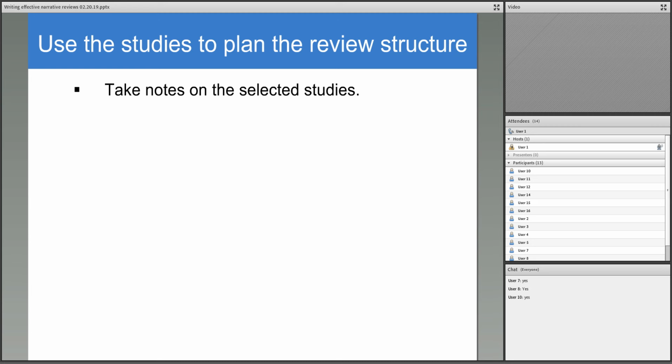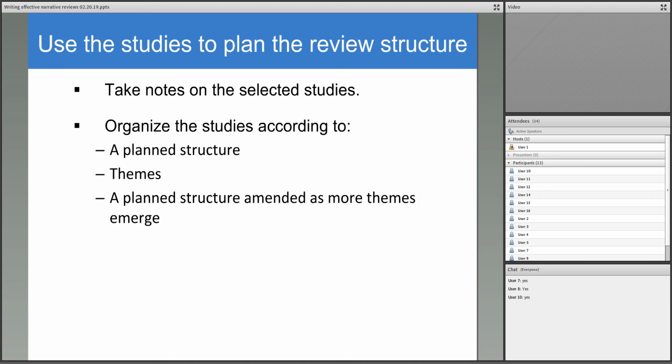Take detailed notes on the selected studies to represent the information and insights that are most relevant in each. These notes can become the starting point for your draft. During this planning stage, you should formulate a rough structure for your review, based in part on the themes and patterns you search for or observe as a result of your search.